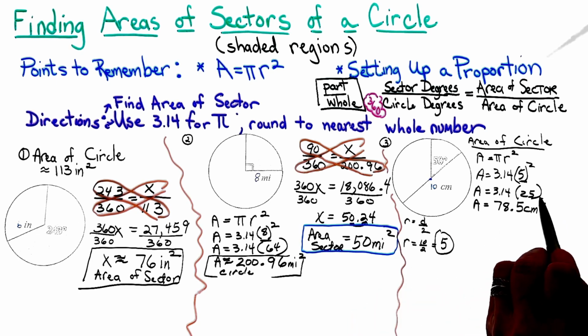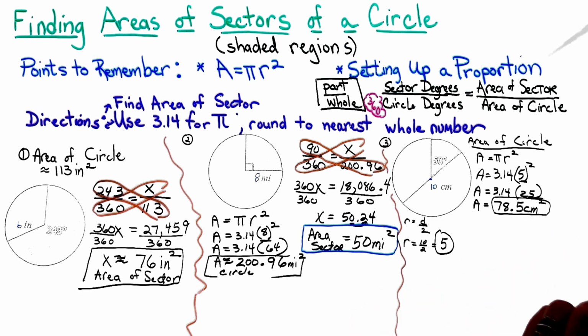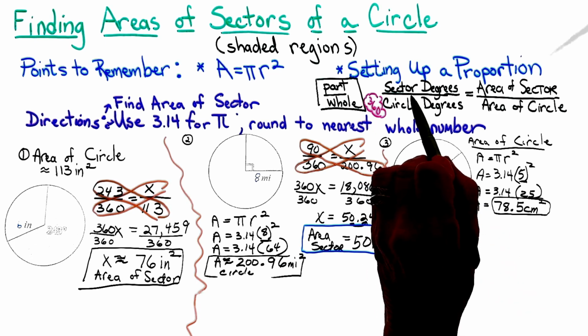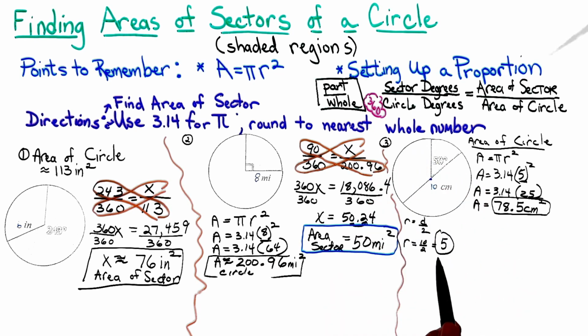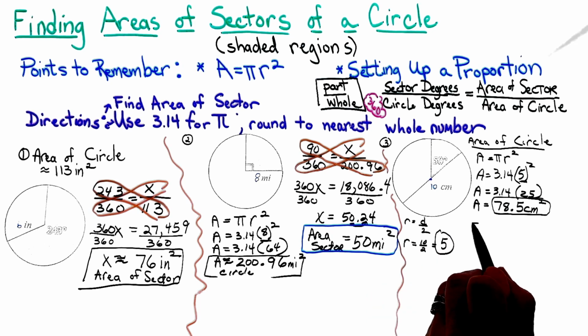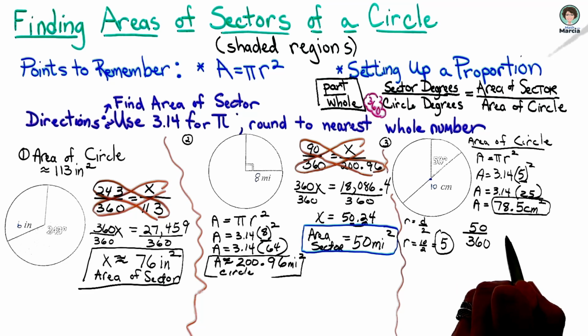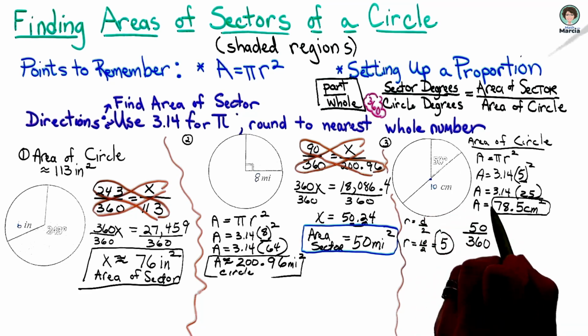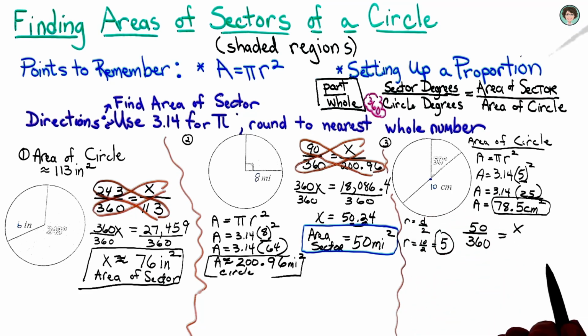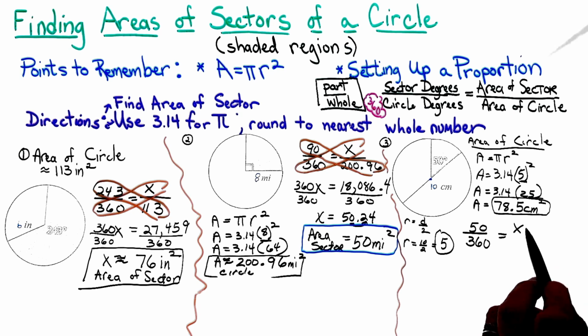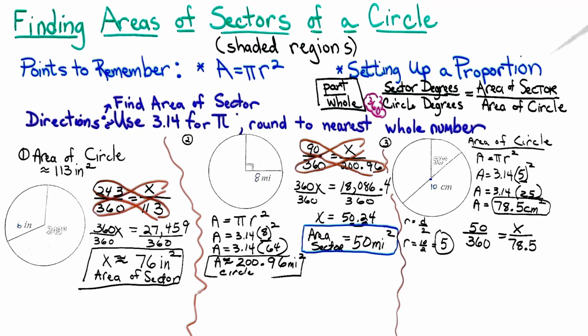So we are going to use this number now in our proportion as we're setting it up. So with setting up the proportion, I'm going to go to my sector degrees over my circle degrees. So it's 50 over 360 is equal to, we do not know that area, but we do know the area of the whole circle was 78.5.